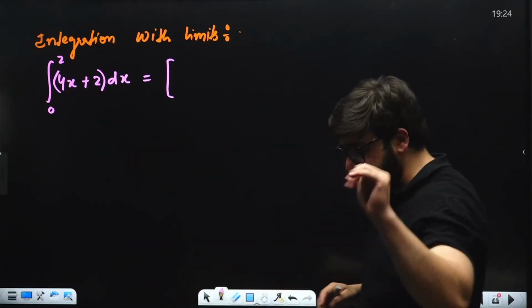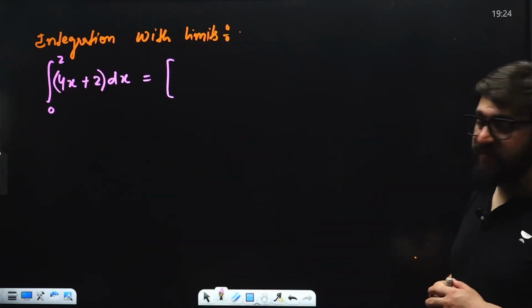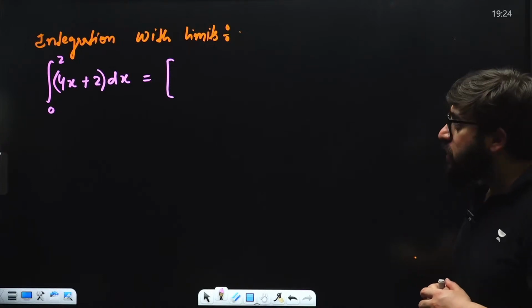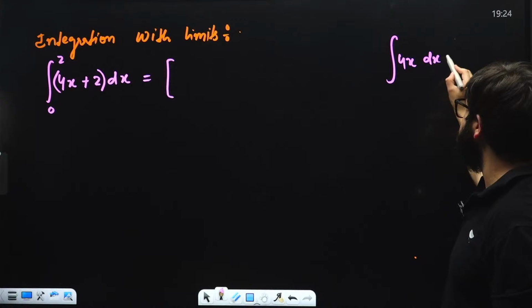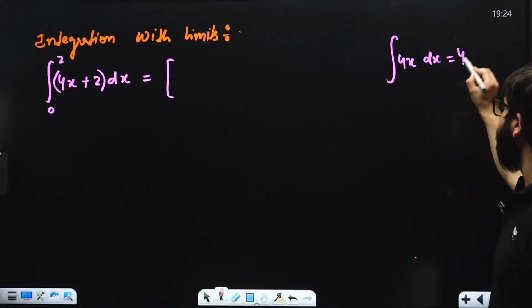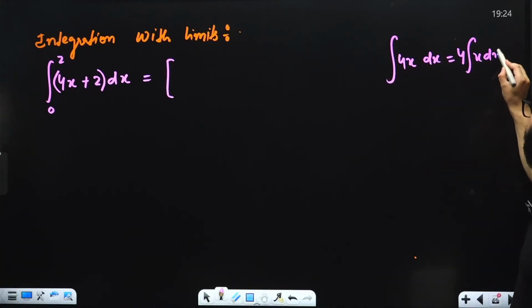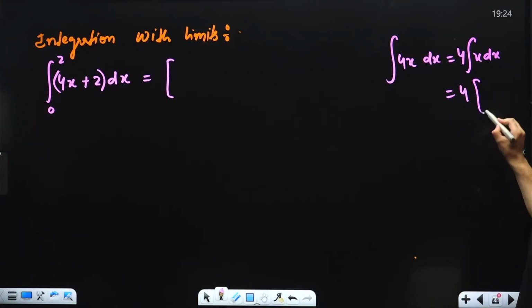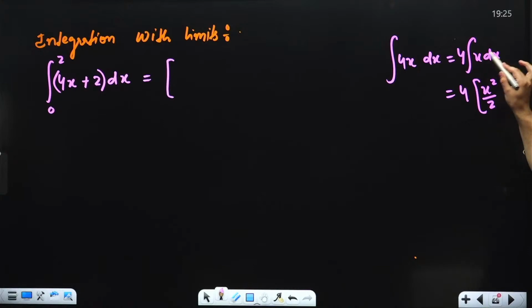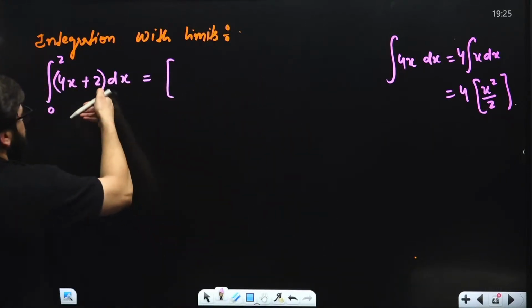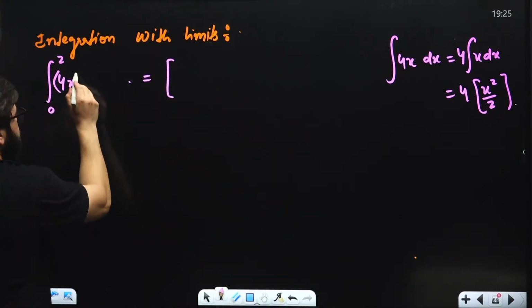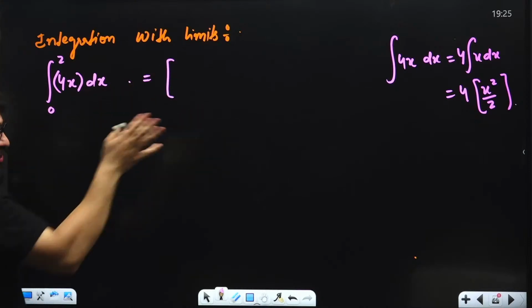Guys, understand very carefully. Integration of 4x dx: we take this 4 out, integration of x dx. So that will be 4, and the integration of x will be x square divided by 2, power plus 1 upon power plus 1. Forget about this plus 2 for now; the next question I will show you.